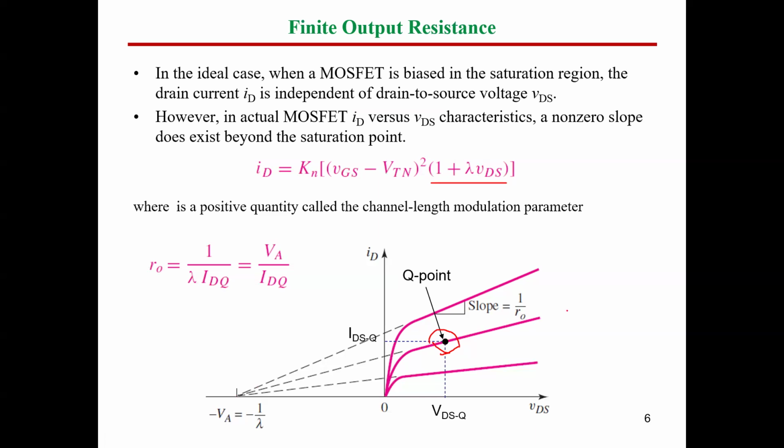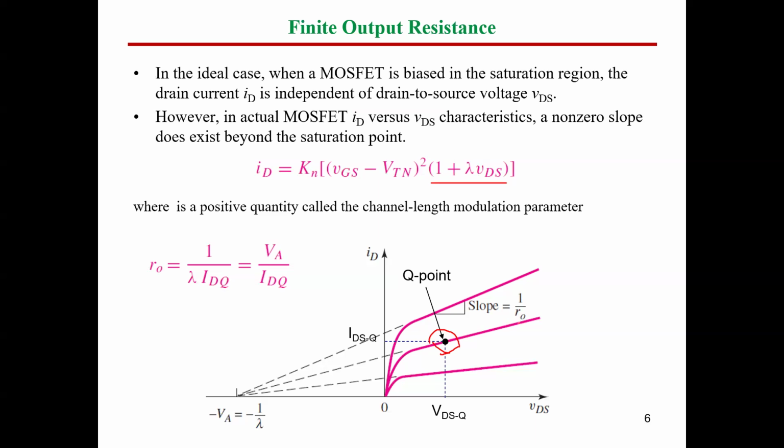So for this MOSFET now, guys, if you would like to get the slope of this curve, it would be 1 divided by R0, or R out. R out refers to the output resistance. Why output resistance, guys? It may not be very clear here for the time being.